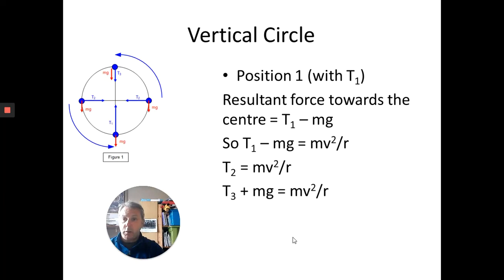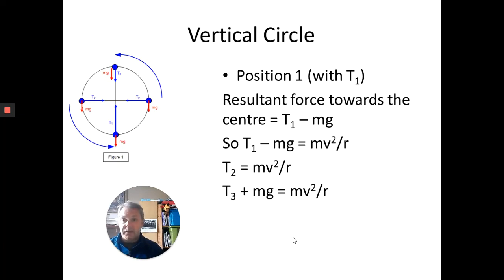If you look at T2, mg is perpendicular to the direction of T2, so we can't do a resultant force towards the center in that situation, but T2 in that position is the only force that is contributing towards the centripetal force.